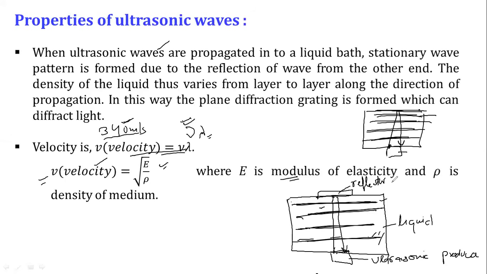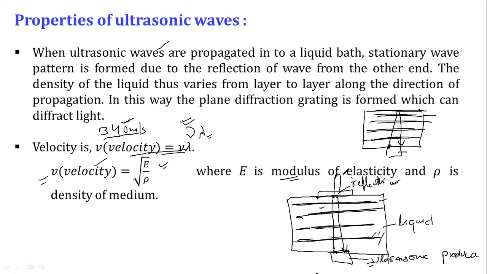When you do the experiment in the lab and rotate the knob upward, I don't know if you have done this experiment or not, usually there is a knob here. When you rotate this knob, basically you are changing the distance between this reflector and this ultrasonic producer. You keep changing the distance between them, and there is an emitter connected to the circuit, and then you make the observations.